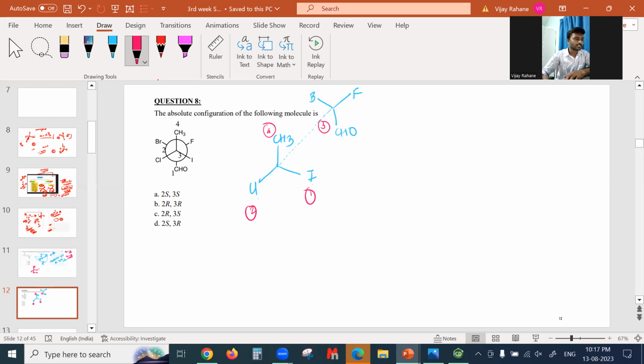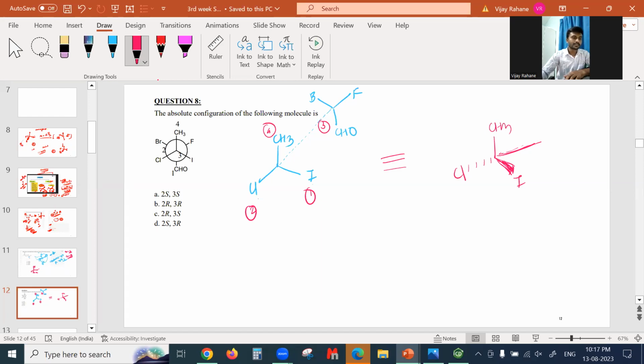I will write the structure in a better format. Here I have not changed any stereochemistry. I will just write it in a simple format so you can easily understand.